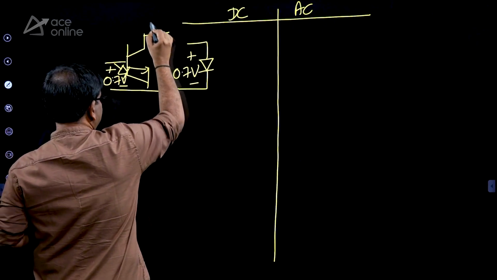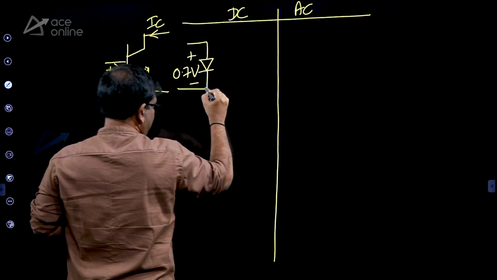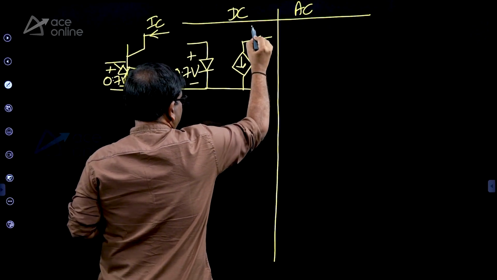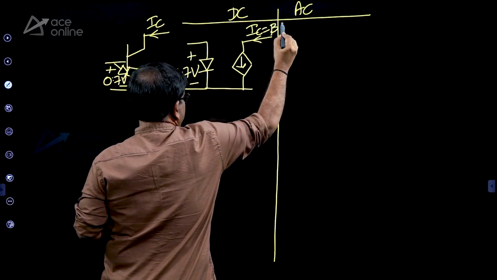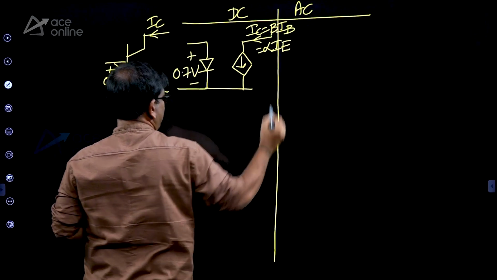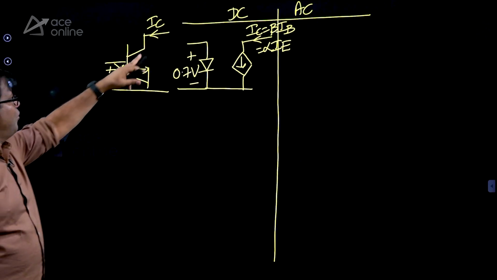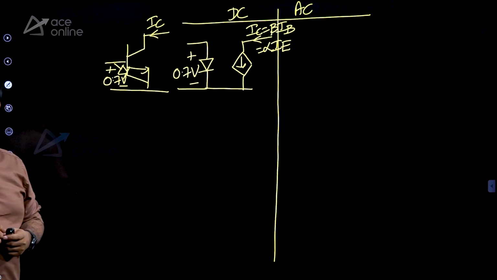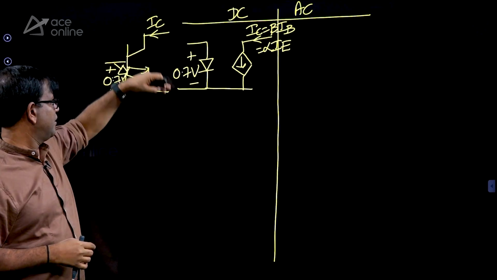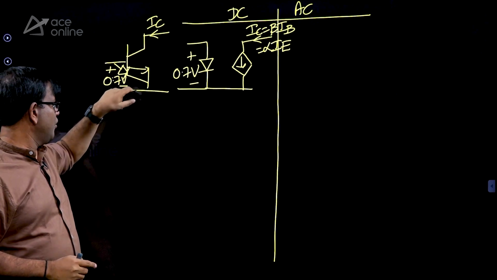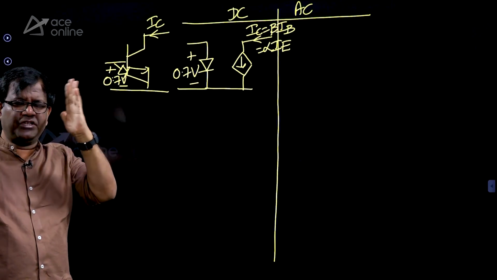And what is IC? IC for a BJT is going to be beta IB or alpha IE. With this you can solve all the DC problems, right? Whether there is a voltage divider or an emitter resistor here and there, any problem you can very easily solve by having 2 things in mind.